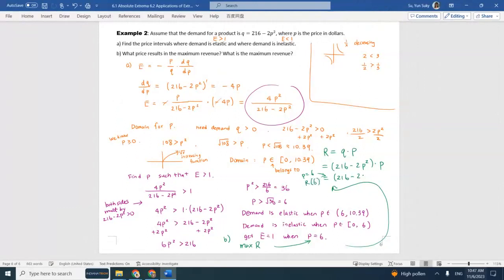So R of 6 is, what's p squared? 36, and then times 6. 216, what's 2 times 36? 72, right? What's 216 minus 72? 144.